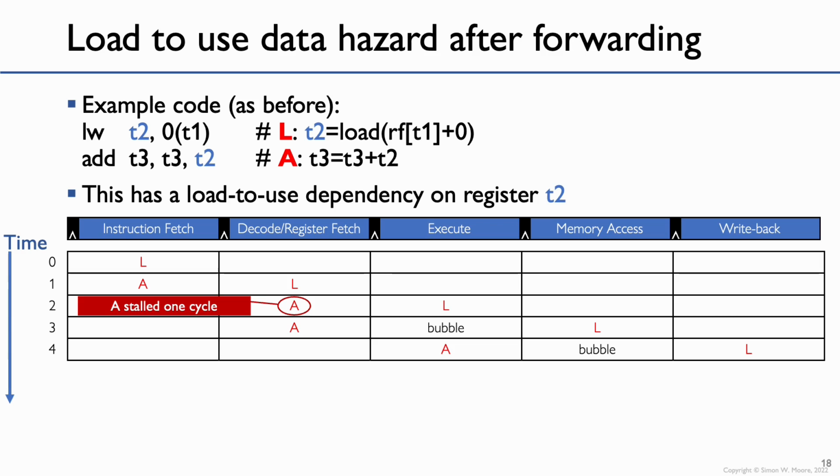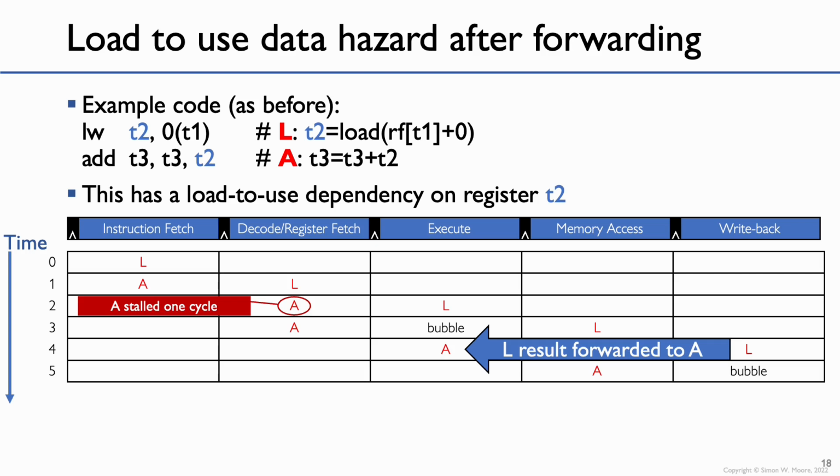At this point the add's actually got the wrong value of T2, except we're going to forward the correct value and ensure that those new forwarding multiplexers, which appeared in red on the previous slide, pick up the new value and effectively discard the T2 value that was read from the register file. So therefore A gets the correct T2 value and can proceed down the pipeline.